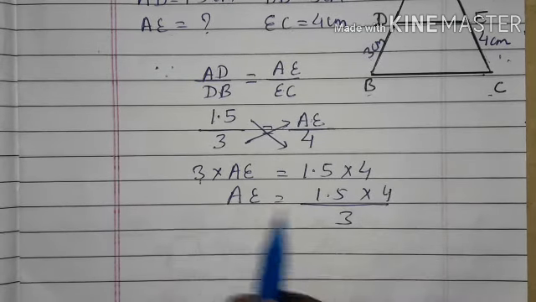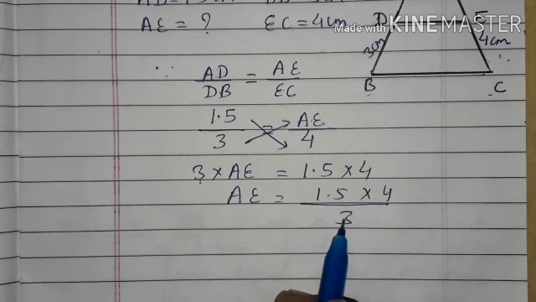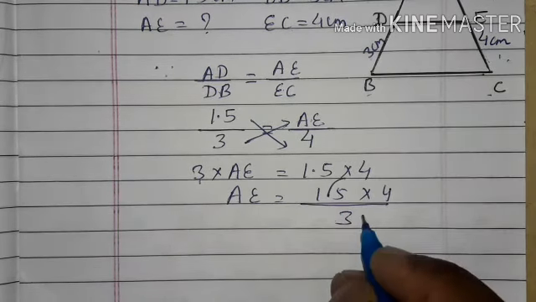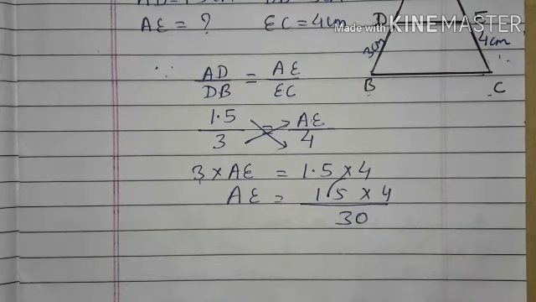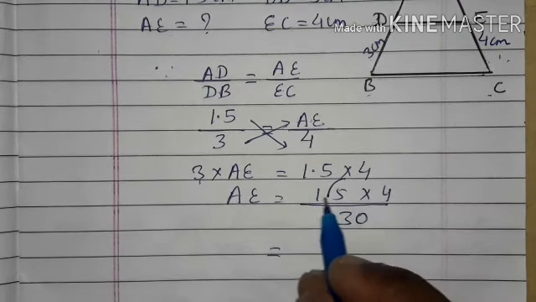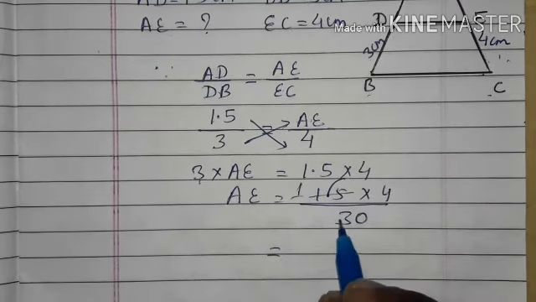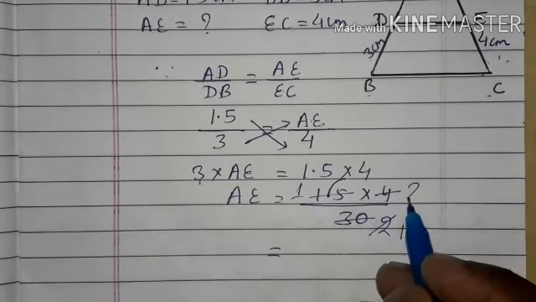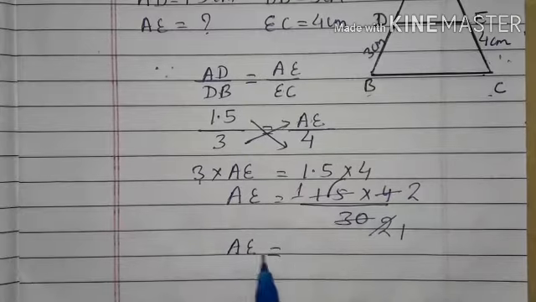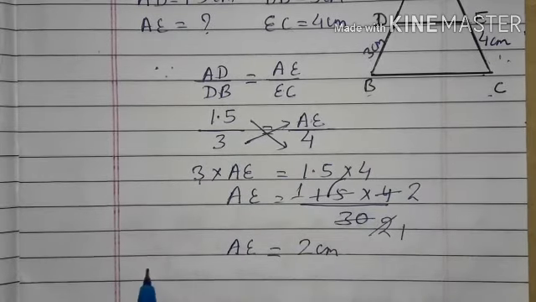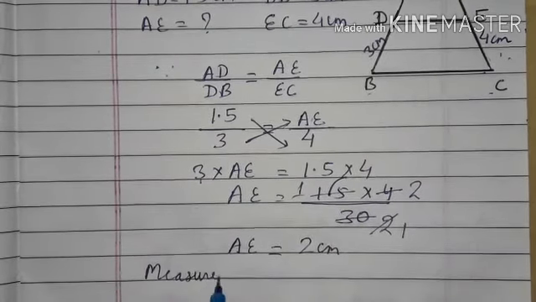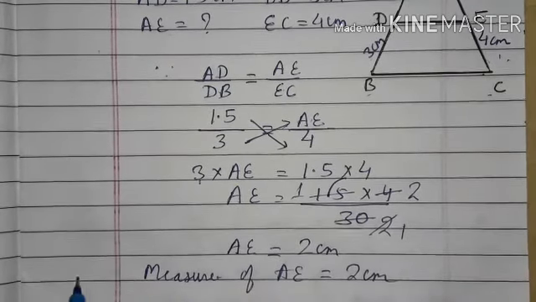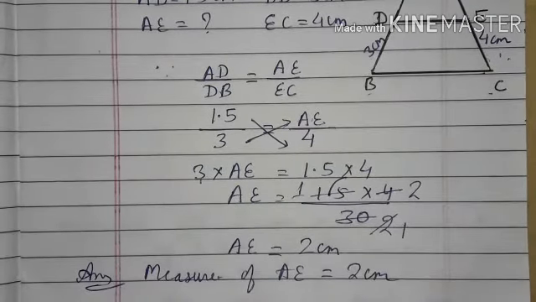Now remove the decimal: 15 ones are 15, 15 twos are 30, 2 ones are 2, 2 twos are 4. So AE is equal to 2 cm. The measure of AE is 2 cm. That is your answer.